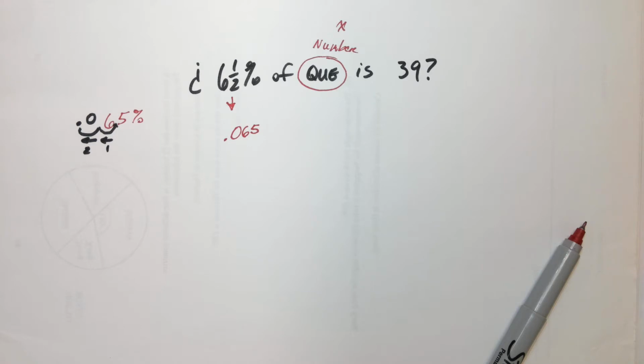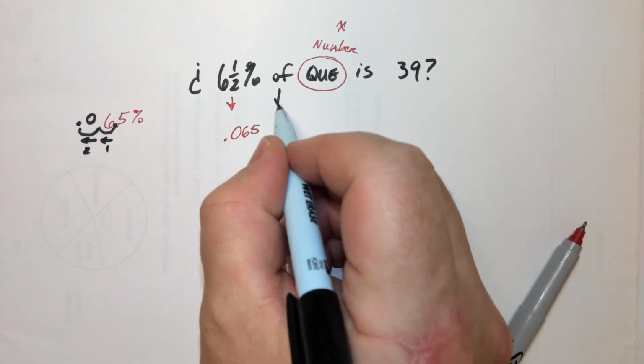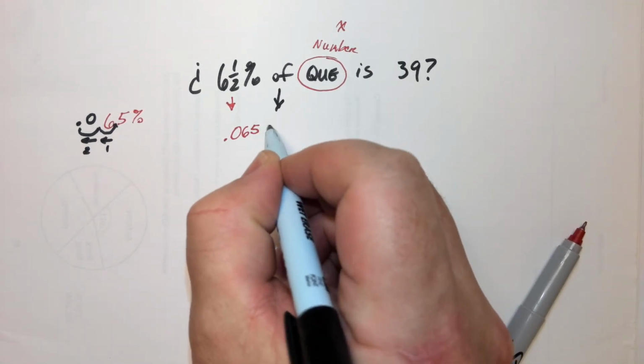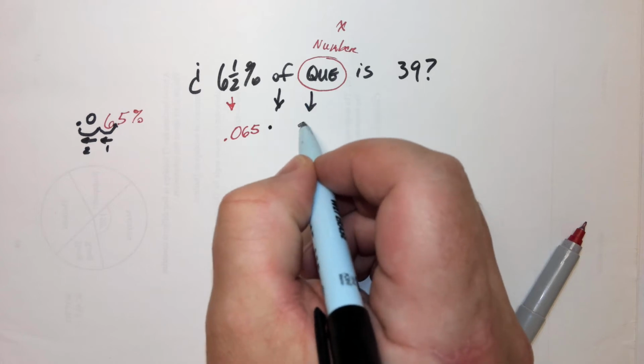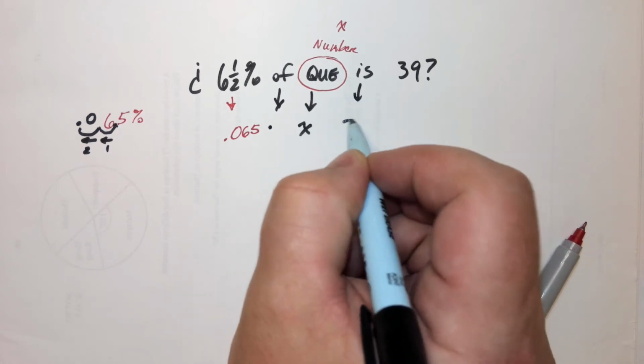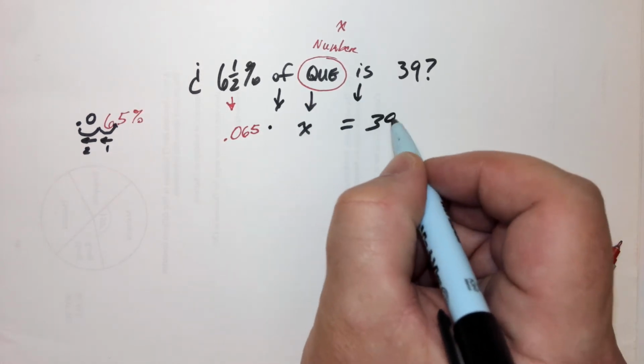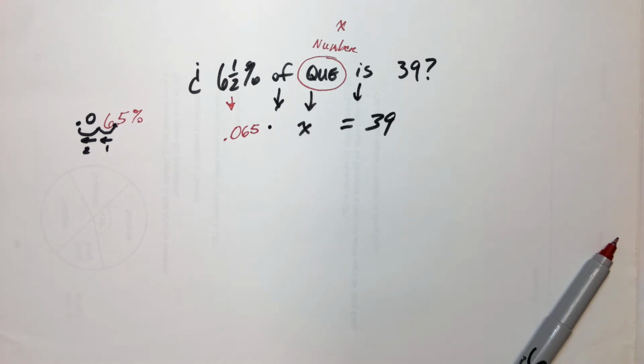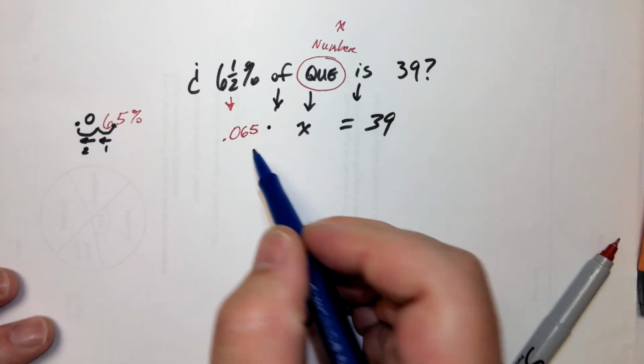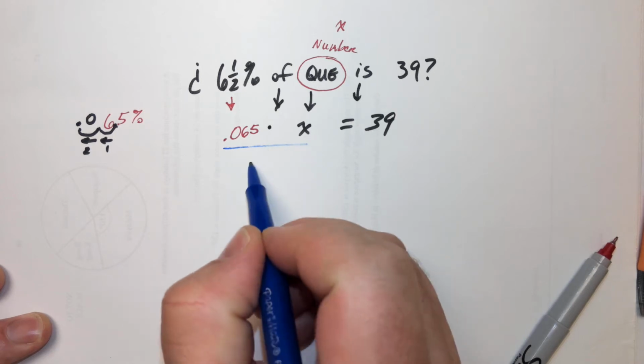Now, "of" means multiply, so I'm going to use a dot because we're using x for this, and "is" means equals. All you have to do is solve that. To solve that, you just use inverse operations. The opposite of multiply is to divide.